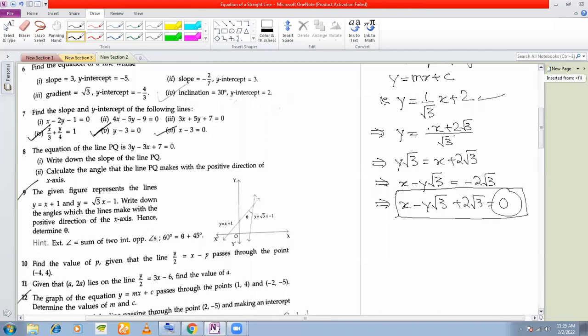Whenever we are writing the equation of a straight line, we try to make the right-hand side 0. In fact, you'll see later, maybe in class 11, that this form, ax plus by plus c is equal to 0, where here a is 1, b is minus root 3, and c is plus 2 root 3, is called the general equation of a straight line.